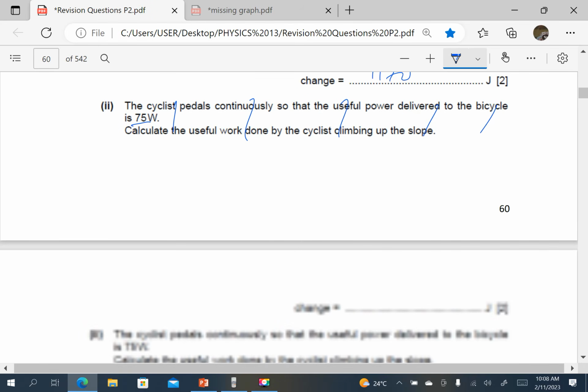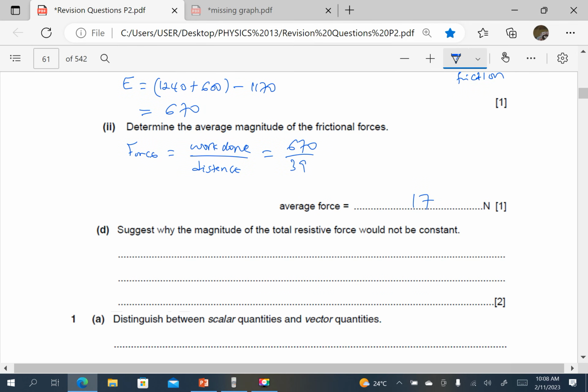because the frictional force is decreasing. So we can simply say that frictional forces include air resistance, and air resistance decreases with the decrease of speed.